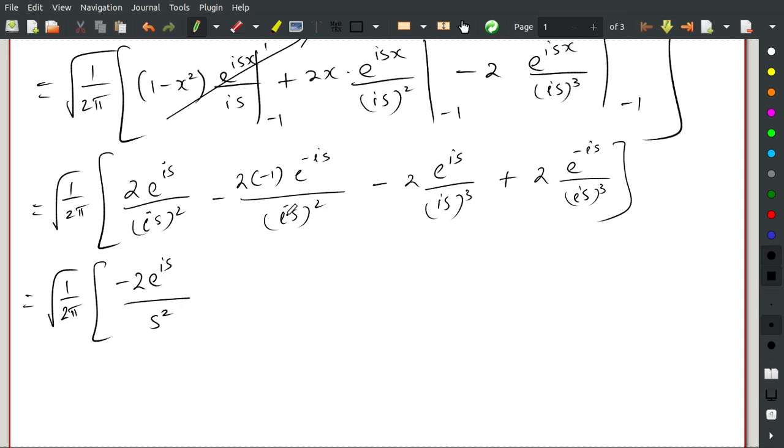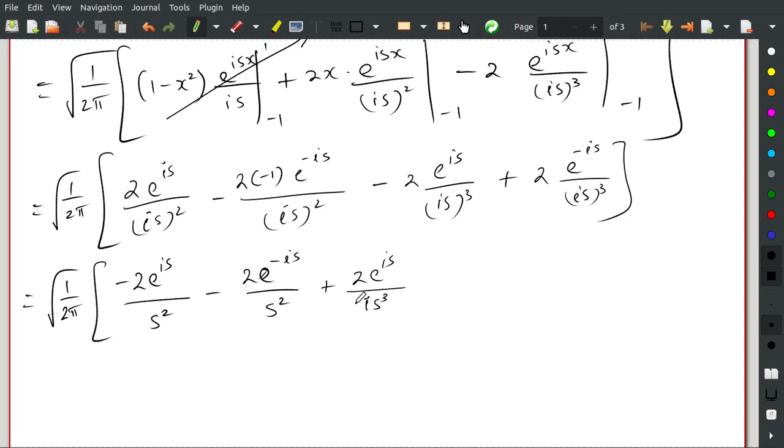If we substitute this one, this again becomes minus 2 e power minus is divided by s square, and for this we have a plus 2 e power is divided by is cube.